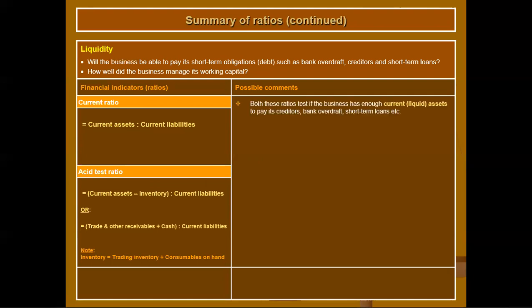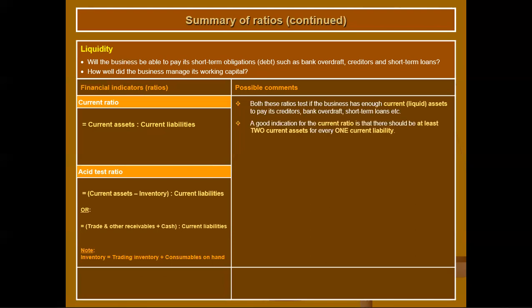Both these ratios simply tell you whether you have enough current assets to cover your current liabilities. Do you have enough current assets that can be converted into cash within 12 months so that you can pay your lenders, your short-term debts, that is.